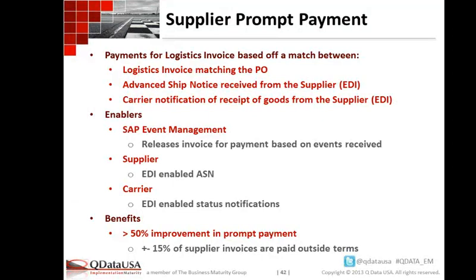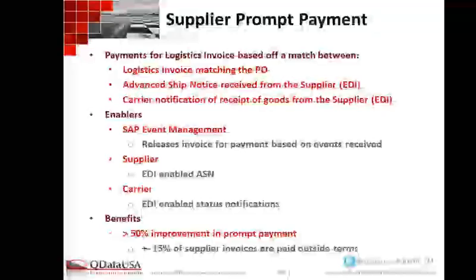And then thirdly, and this is the important one, is the carrier notification of receipt of goods from the supplier, right? So the supplier hands the product off to a carrier, and then that carrier ships it to us. And that carrier can take 2 months to get to us, via an ocean carrier liner, as an example.